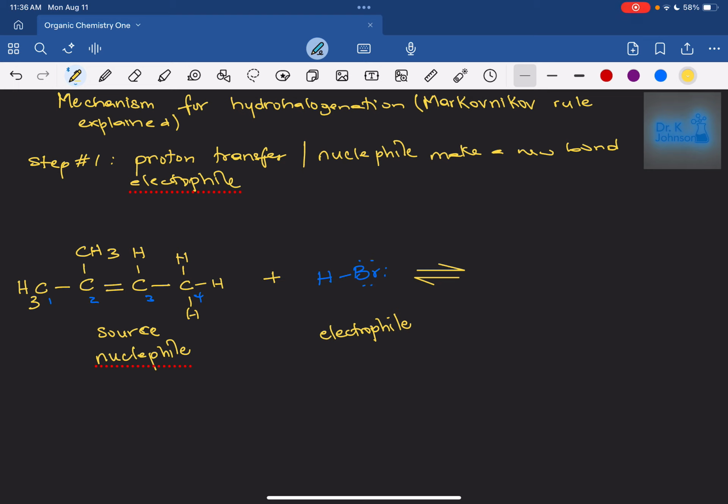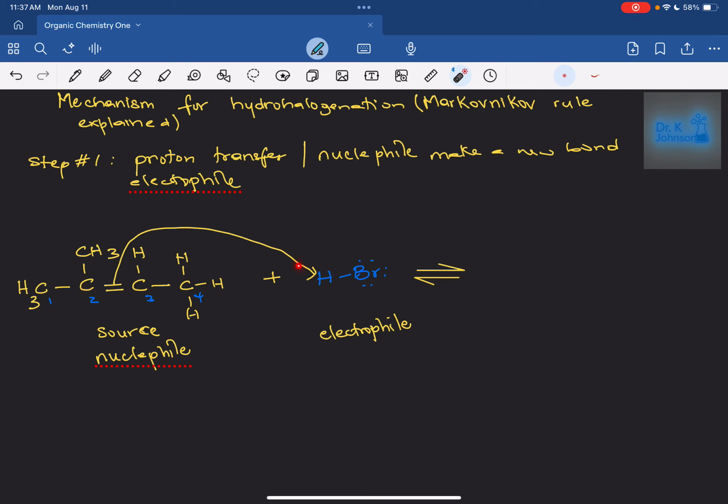You draw your arrow, the tail of your arrow will start from your source and the head will end at your sink, right? Now remember, where the head of the arrow ends, either you're making a bond or a lone pair, or you're forming a lone pair. Here we're forming a bond between the hydrogen and one of these carbons, either carbon 2 or carbon number 3.